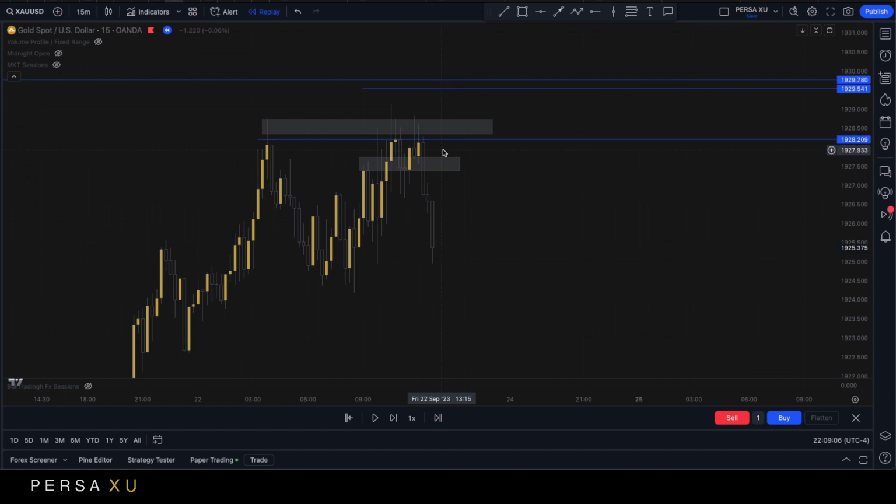Those are the footprints, those are the clues. And now after this candle here, I'm selling all day, and I'm putting my stop loss without a problem anywhere over here. Of course, I could trail the stop and push it down with the market. I don't personally do that, by the way, but yeah.